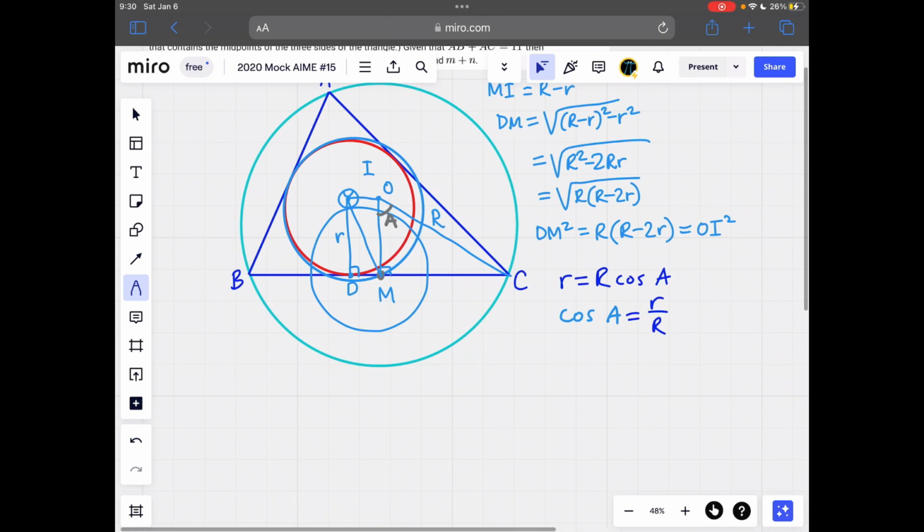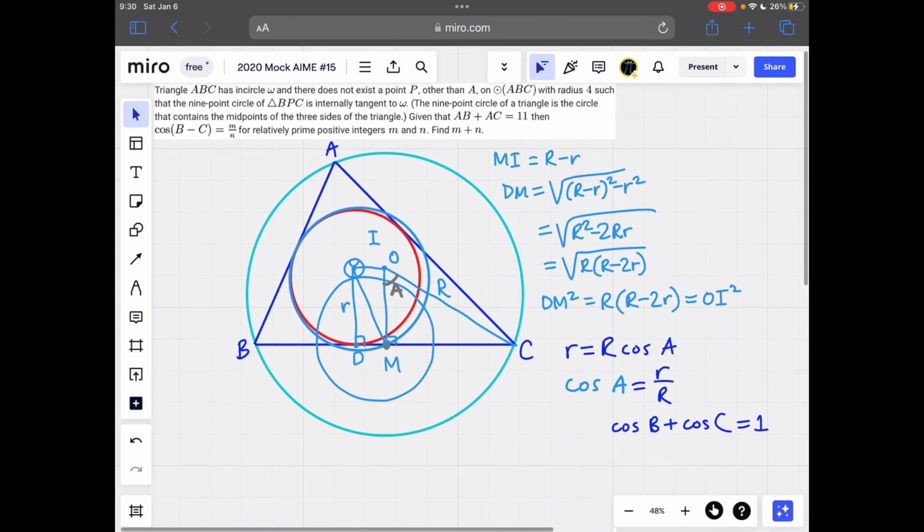I'm pretty sure I used the Carnot theorem at the end of the video, which states that cosine A plus cosine B plus cosine C equals 1 plus little r over big R. Let's write that down. Cosine A plus cosine B plus cosine C equals 1 plus little r over big R. But cosine A is literally r over R. So cosine B plus cosine C is equal to 1.